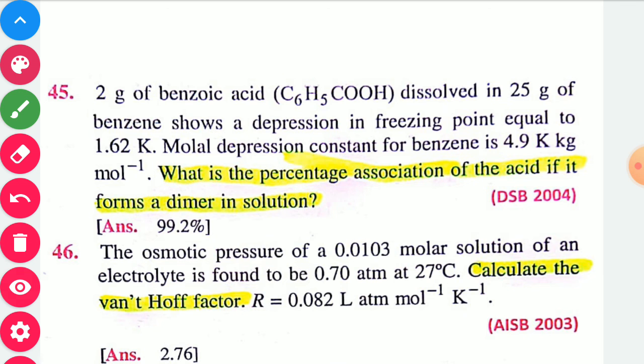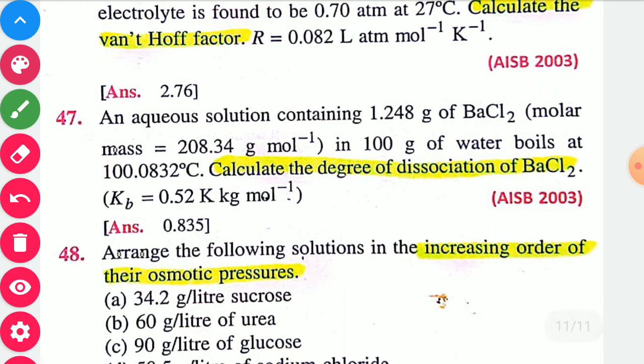Next question is: an aqueous solution containing 1.248 gram of barium chloride, molar mass 208.34 gram per mole, in 100 gram of water boils at 100.0832 degrees Celsius. Calculate the degree of dissociation of barium chloride. So in this question you have to find the degree of dissociation alpha.